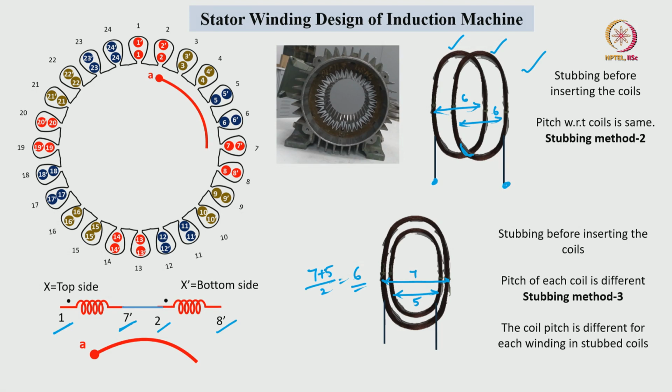To minimize the connections, without stubbing before placing the windings, this connection we have to do externally. By following stubbing method 2 and stubbing method 3, the connections will be minimized, the number of terminals to connect will be minimized, where the stubbed winding consists of only one coil, which is a representation of coil 1 and coil 2. Based on that we can connect the different windings.